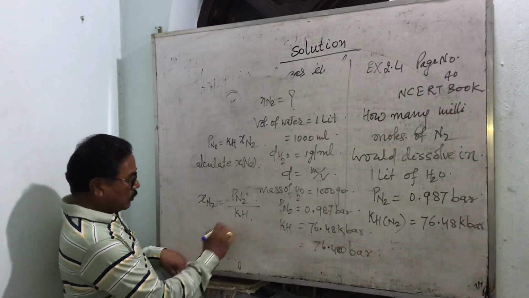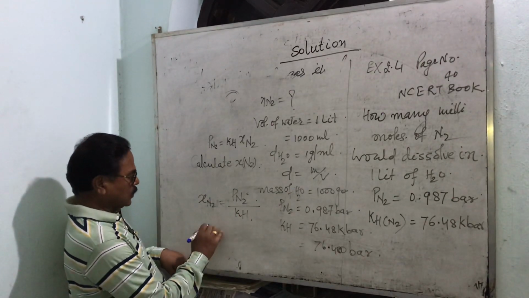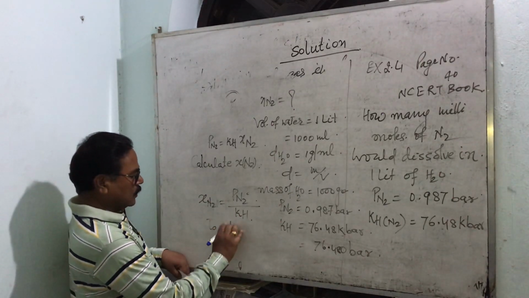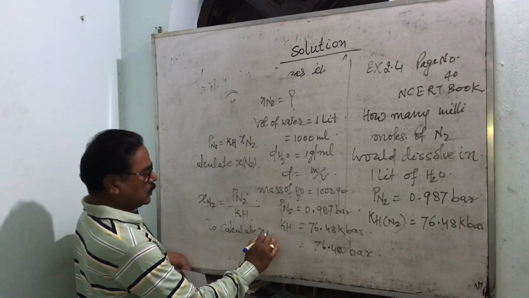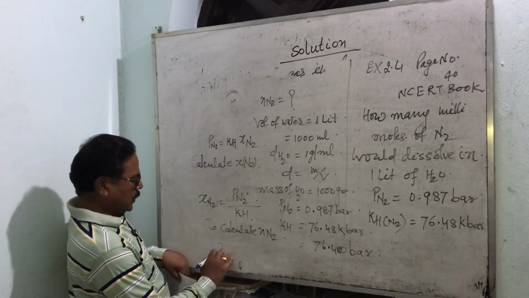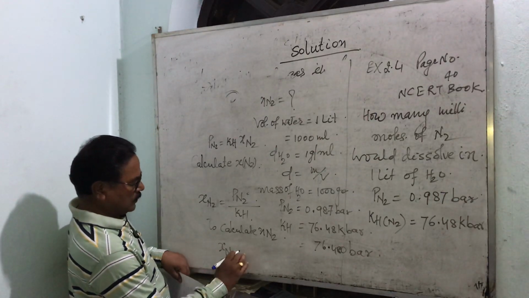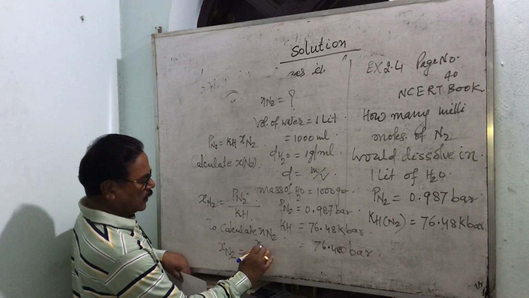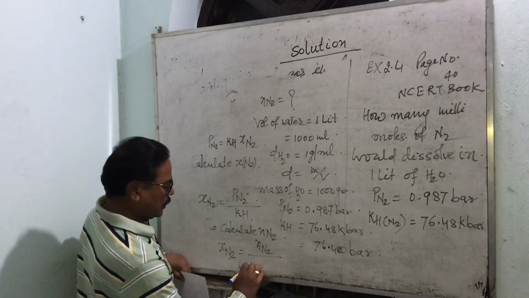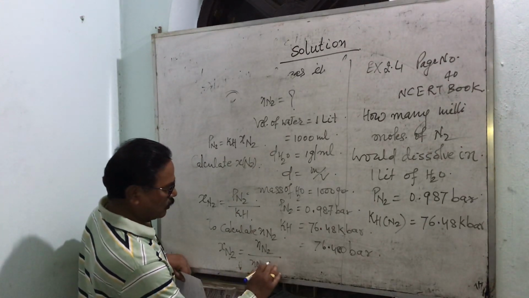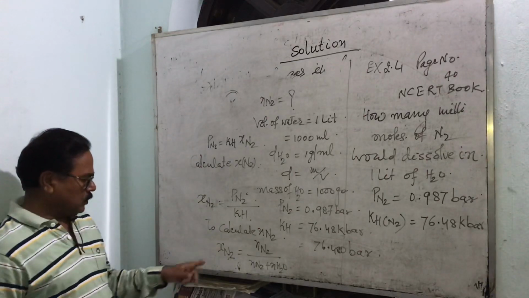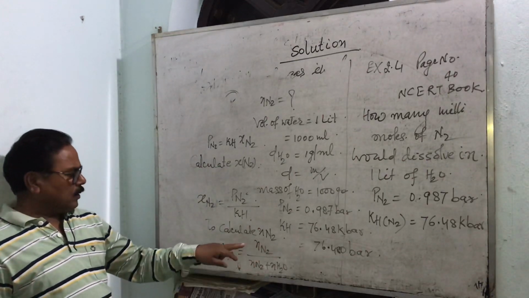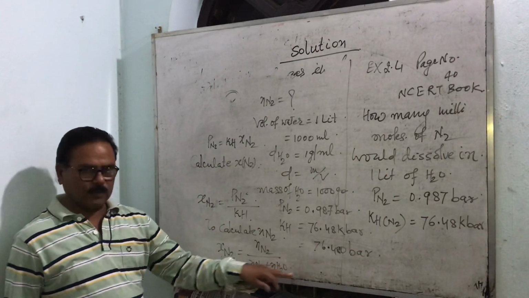Another thing to calculate is NN2. We know from the definition of mole fraction that XN2 is NN2 divided by NN2 plus NH2O. Mole fraction is the ratio of one component to the total number of moles.